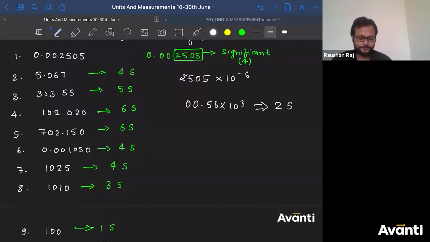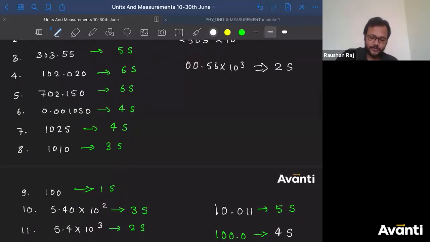Let me know. See, let me give you a summary. What are significant digits?